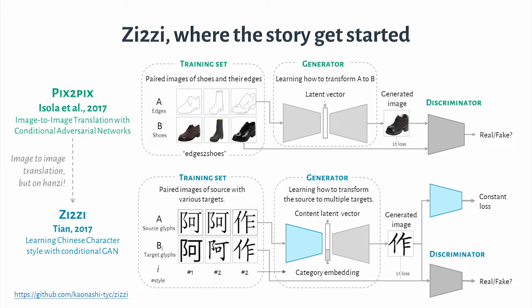The story of Hanzi AIs started in 2017, when Rui Zhang open-sourced a deep learning model for Chinese typeface style transfer, naming it 字兔字 (zi2zi). The zi2zi model is an adaptation of pix2pix, which is an image-to-image translation model. The model is a conditional GAN and is trained on paired images.